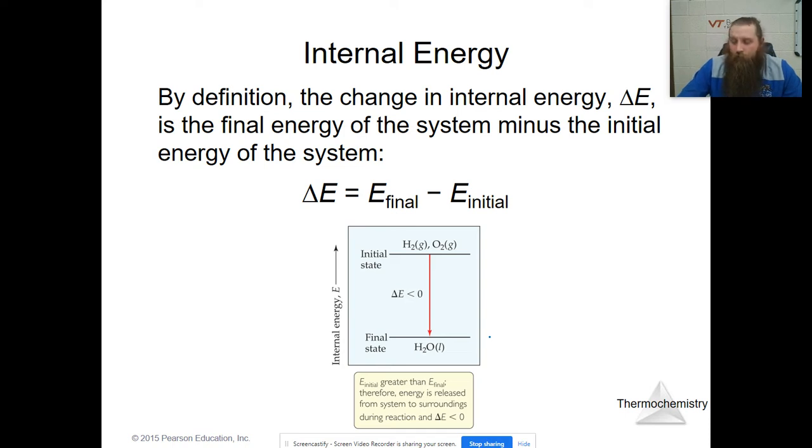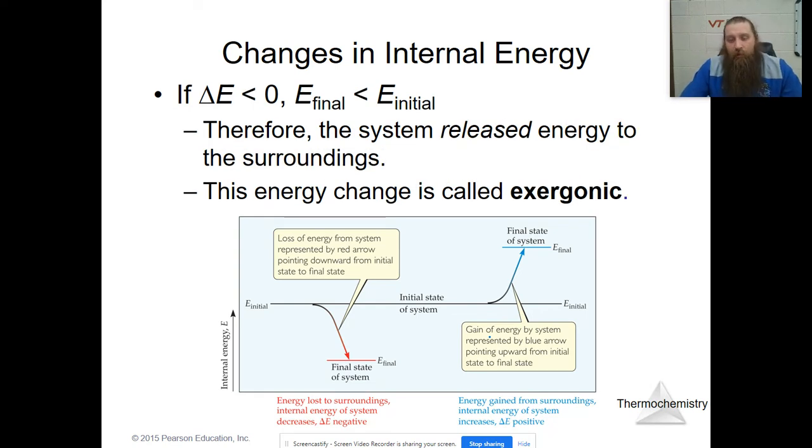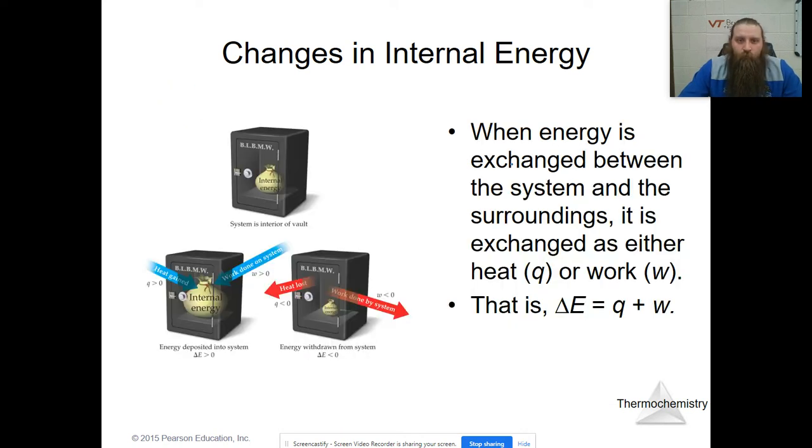And we have a name for that. If you're absorbing energy from the surroundings, so you're putting energy into the system, we call that endergonic reactions. If you're releasing that energy, we call that exergonic reactions. So we want to know those two vocab words. We want to be able to use those, but we're describing that final delta E or delta U.